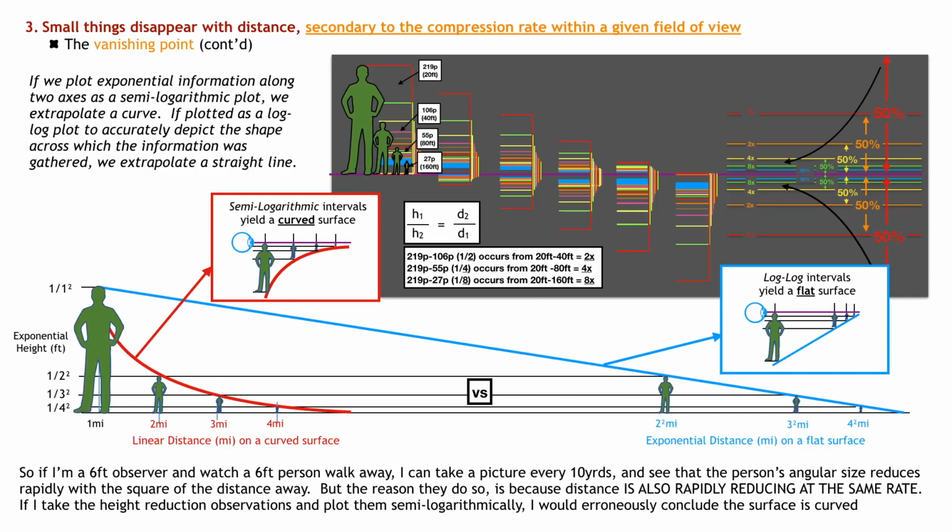So if I take the height reduction observations and plot them semi-logarithmically, once again, I would erroneously conclude a surface is curved. Again, please see part 5 for more discussion on that aspect. What I'm showing here in the upper photo is just the linear rate. If you extrapolate the pixel change within that photograph versus the actual distance away, you get a linear relationship.